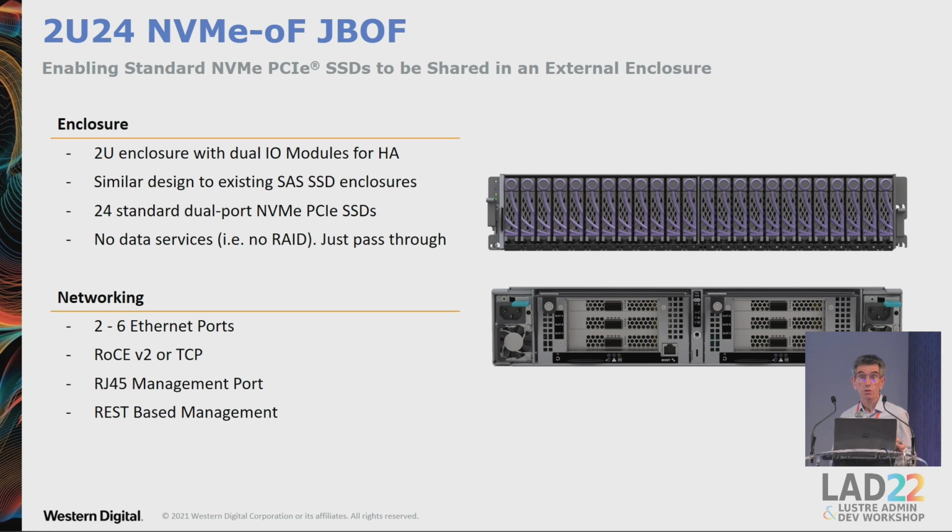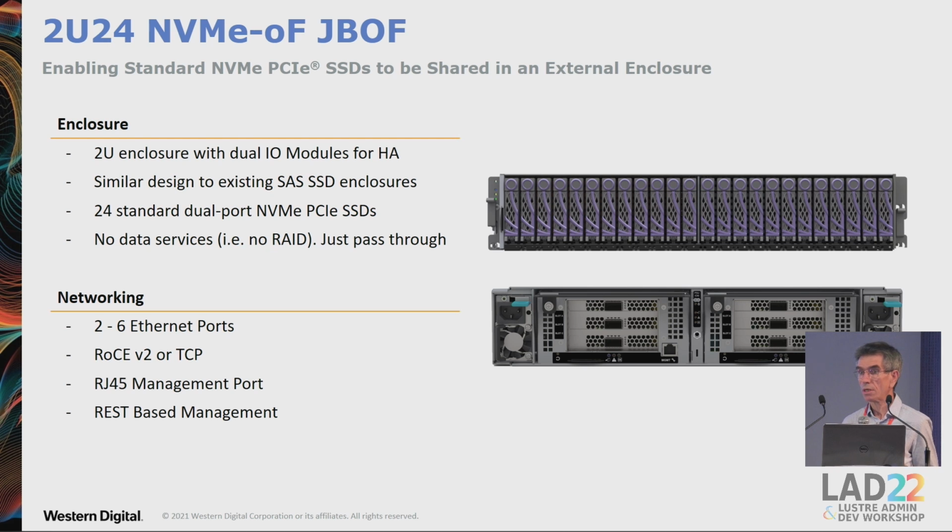The enclosure is a 2U with also 24 devices, very similar to the SAS enclosure we saw earlier. But this is simply a JBOF. There is nothing to manage the RAID and so on.